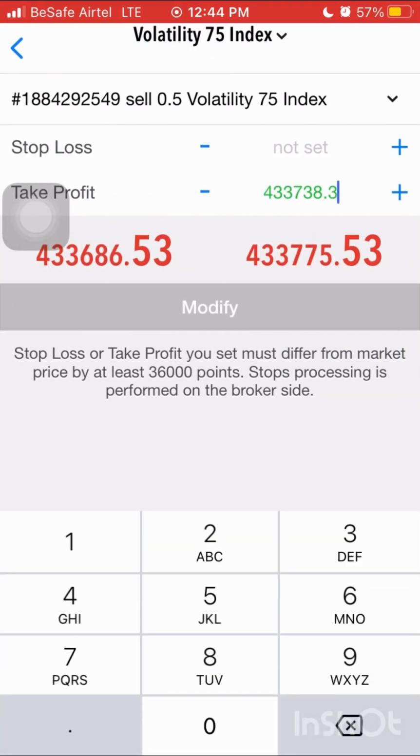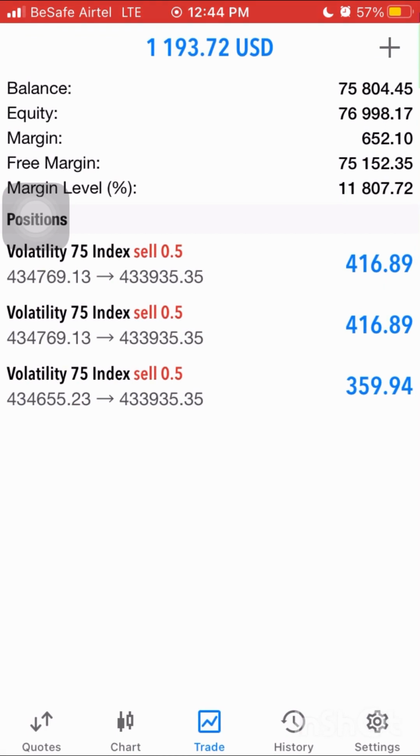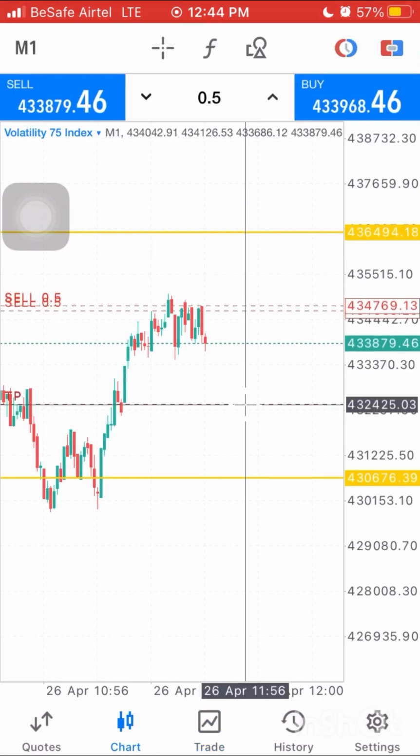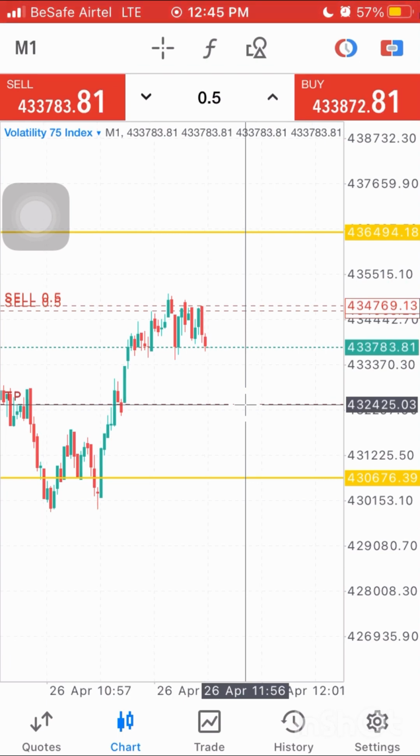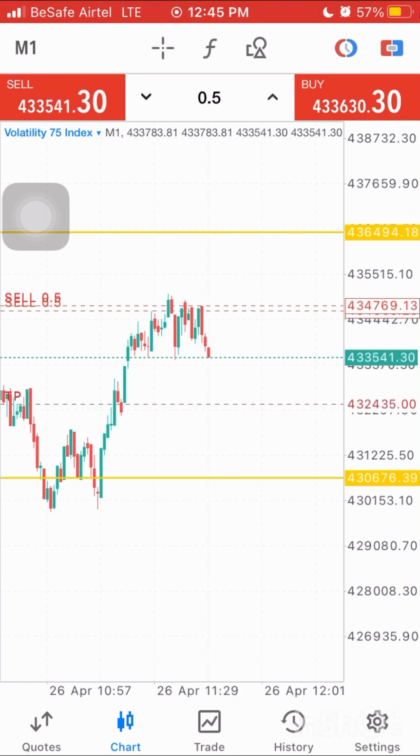I always trade indices because it's the best place to make your profit. My broker is Deriv, and why I always trade with Volatility 75 is the lot size. It's nice and understandable, and when trading with this lot size, you can trade with it on any account.